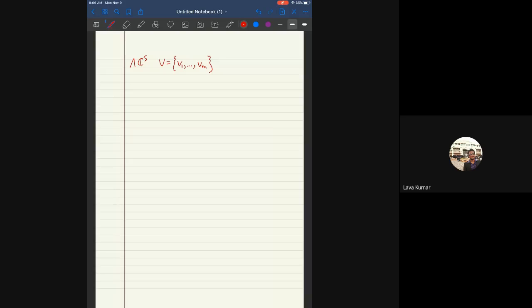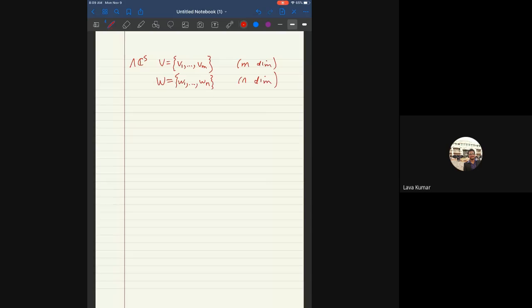If you have m elements in your basis, then that's an m-dimensional vector space. Now suppose we have another vector space W, which has basis elements w1 through wn. So it's an n-dimensional vector space.